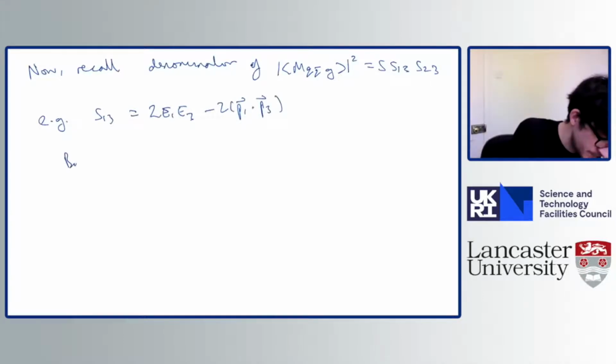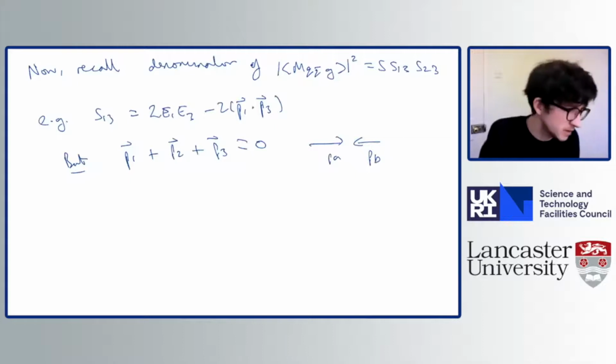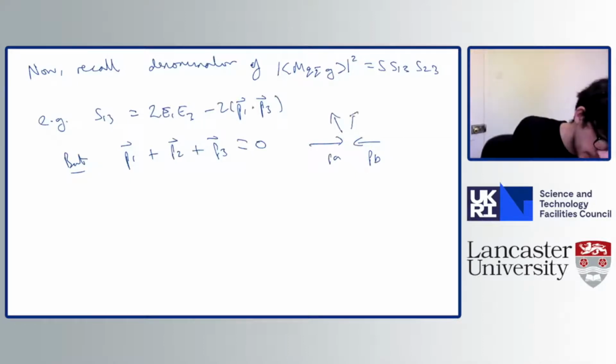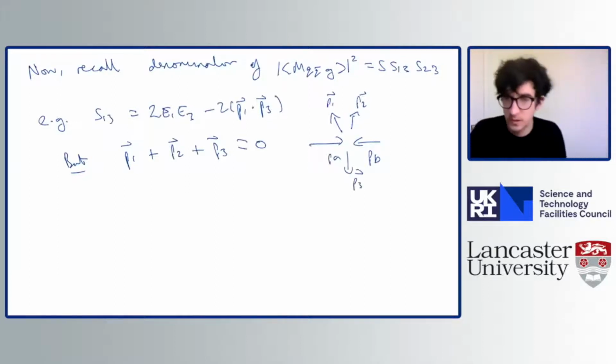But p1 plus p2 plus p3 is 0, right? If you just think about the kinematics of this, we've got PA and PB coming in, and the other 3 then just have to balance. Call that P1, P2, P3, say.